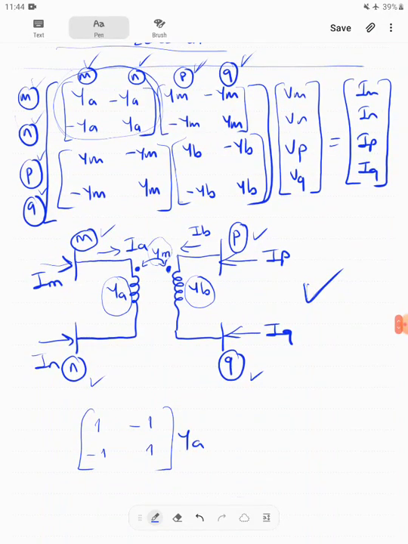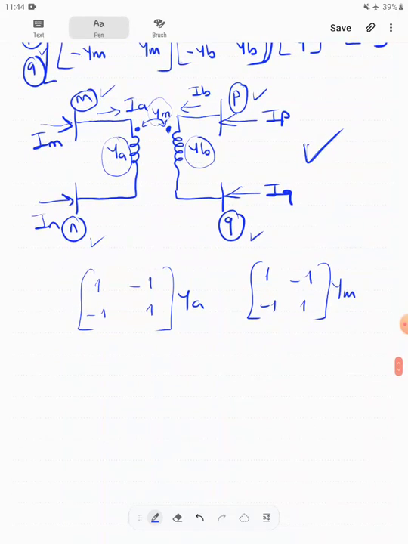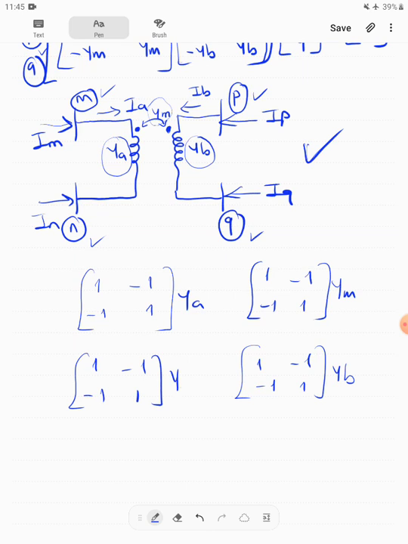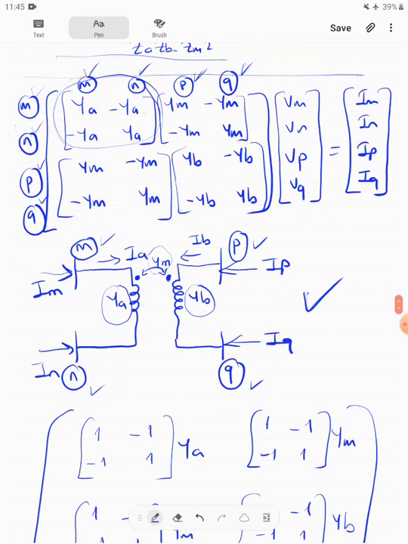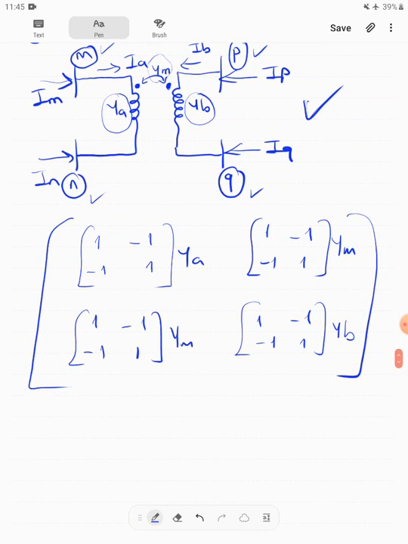And similarly, we can also write 1, minus 1, minus 1, 1 for Yb, and 1, minus 1, minus 1, 1 for Ym. You see, this previously found admittance matrix can also be written in this new form.